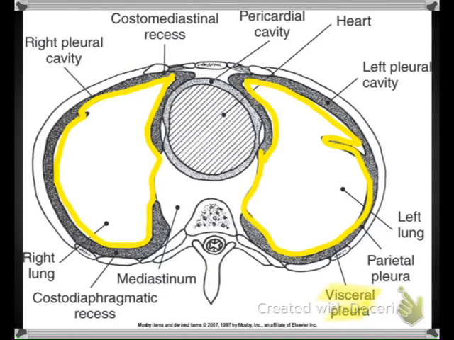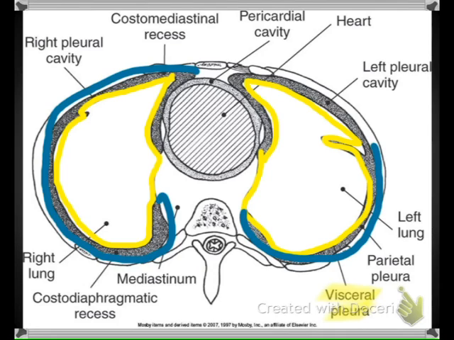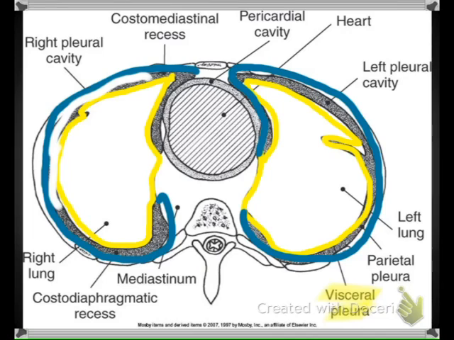So we also do have lining the thoracic cavity the parietal pleura. And as we can see, there is a space in between as designated by the white where fluid exists.